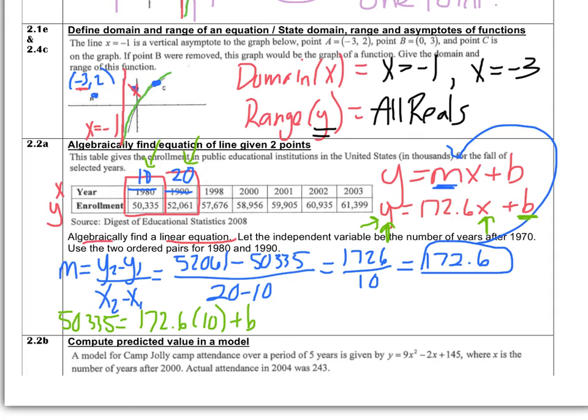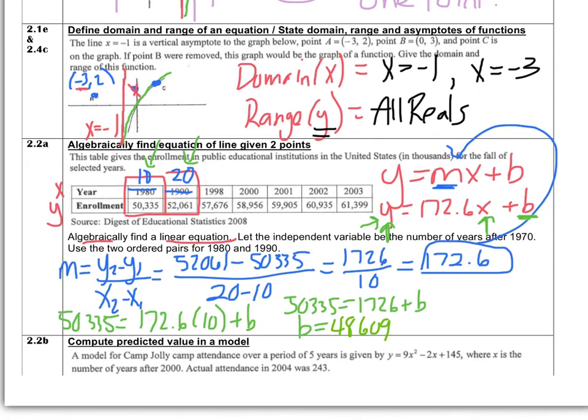To solve this, what we're going to have is 50,335 equals 1726 plus b. Subtract 1,726 from both sides, and we're going to get that b equals 48,609.